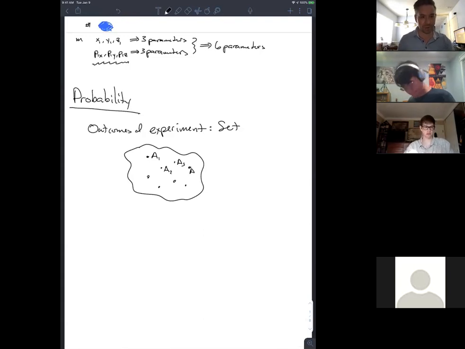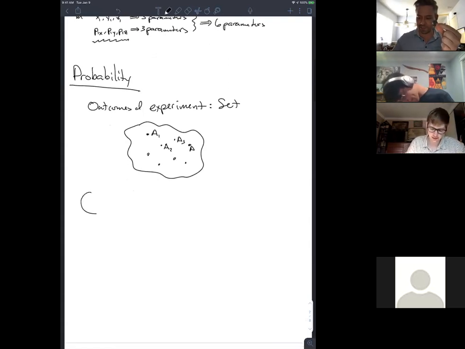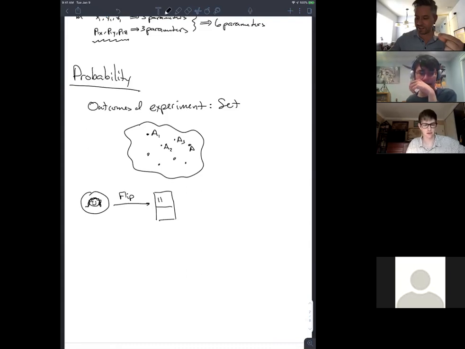So for example, with the coin here, our set of possible outcomes, so here's my coin. I've got frilly 17th century guy hair. My coin, when I flip it, I have two possible outcomes: heads and tails.